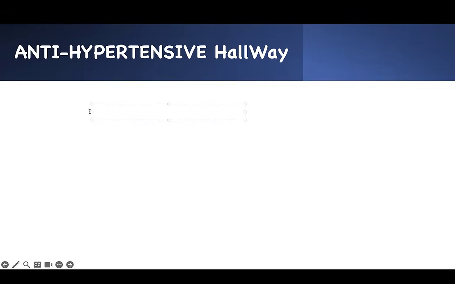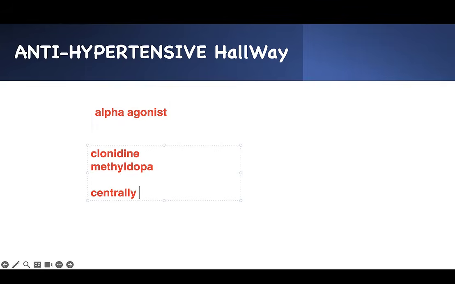Now, these are the ones that can be a little bit intimidating. They are the alpha agonists. We saw a couple of them. We saw Clonidine, and then we saw Methyldopa. Why? Alpha agonists are central acting. They act in your brain. Any medication that goes to your brain is sedative. That's why you take it at night.